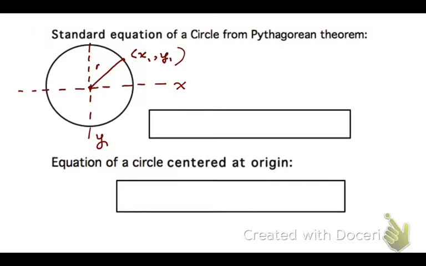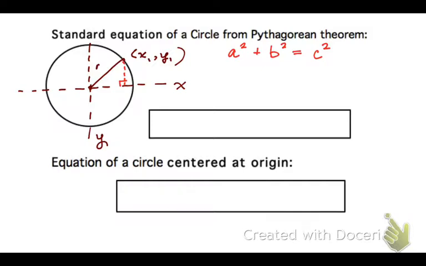We use Pythagorean theorem with this because we can create a right triangle. And then if we think about what Pythagorean theorem says, a squared plus b squared equals c squared. So the two sides of that triangle squared and added together is equal to the square of the third side. We're going to change this just slightly.